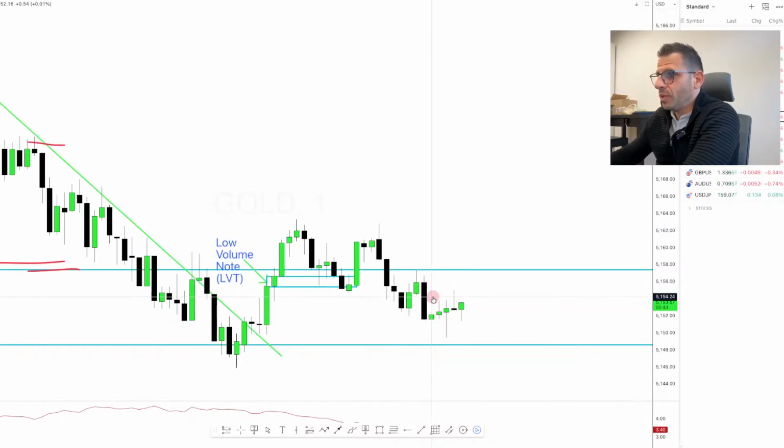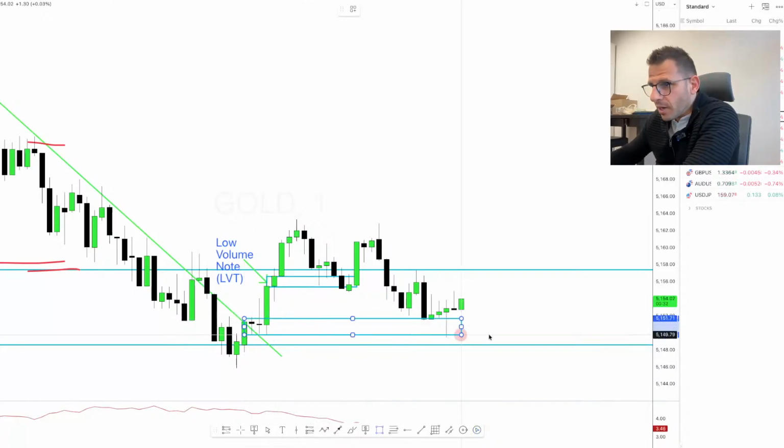Gold, inside, it came with a false breakout. This is another balanced area on gold, guys. This one here, we have interaction between buyers and sellers.